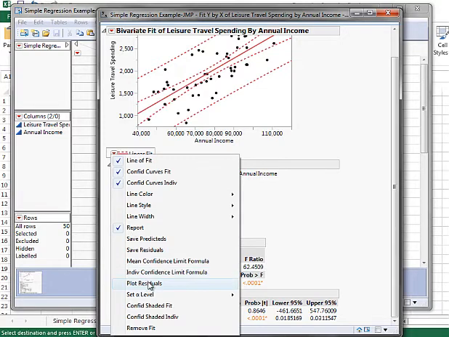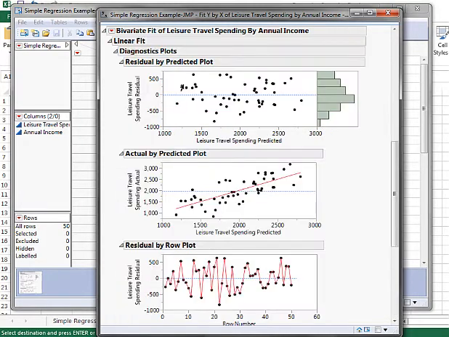We can also plot residuals. Here under the first residual plot, the residual by predicted plot, we can see those error points are scattered around the 0 line.